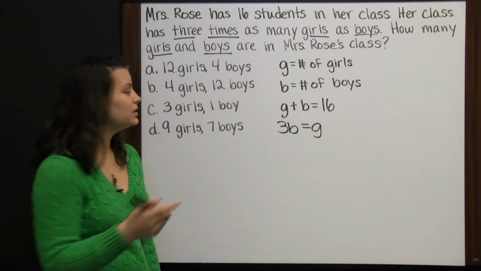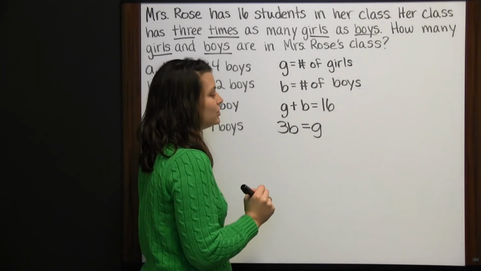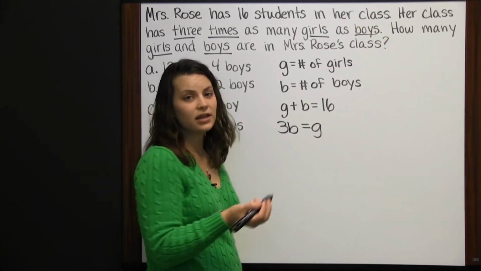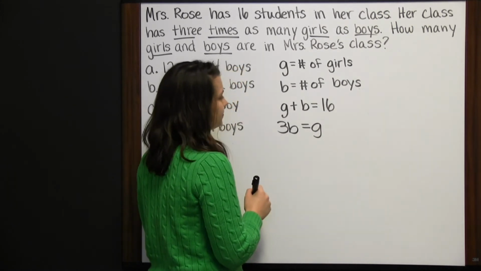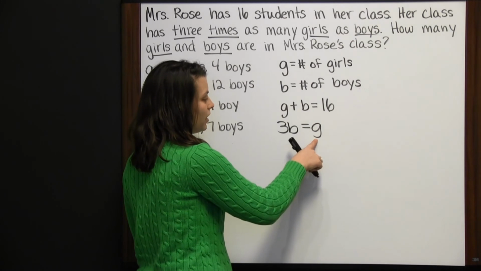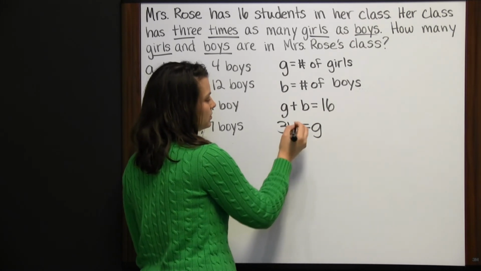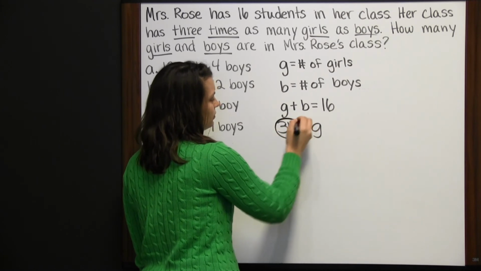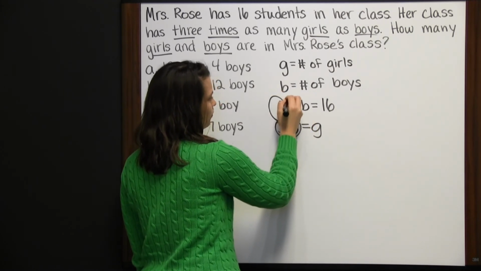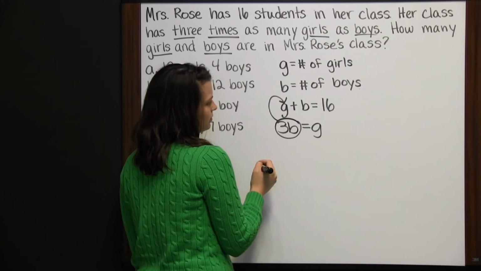Now, I can use these two equations with substitution to find the number of girls and boys. I have here that the number of girls is equal to 3 times the number of boys. So I'm going to substitute 3b for g in this first equation.